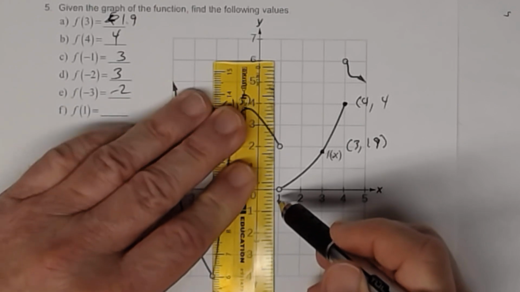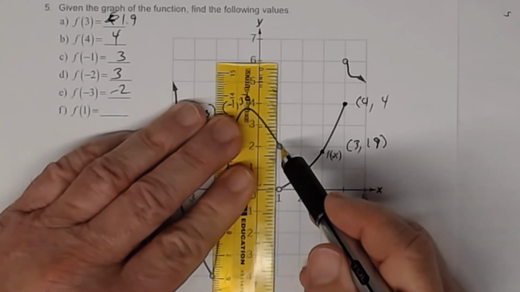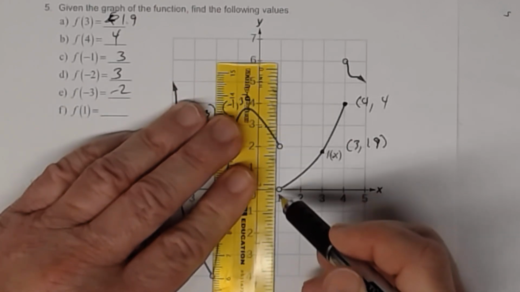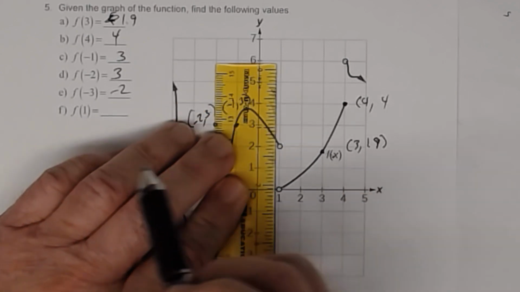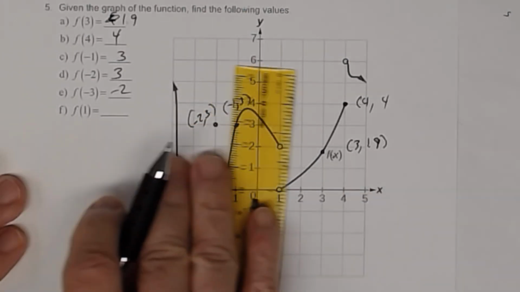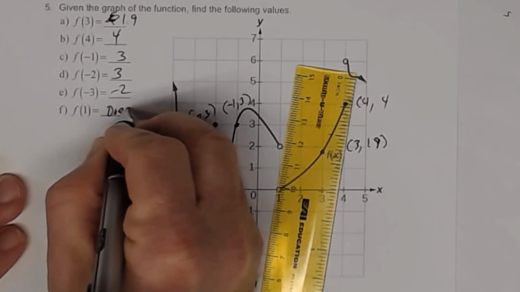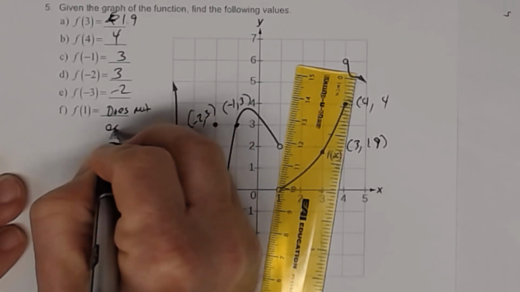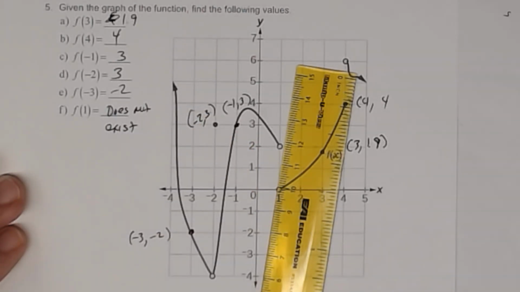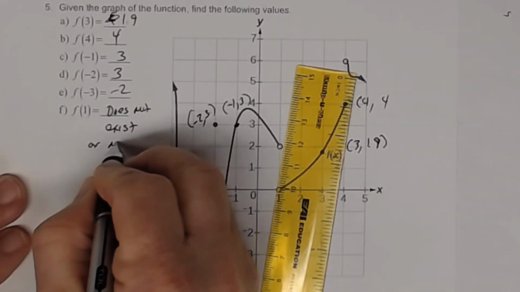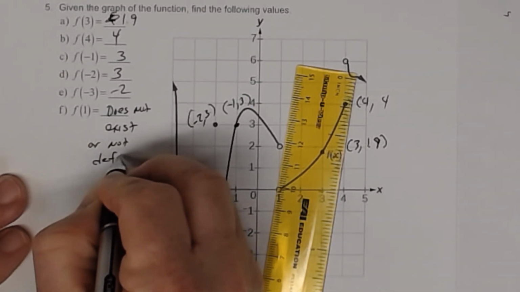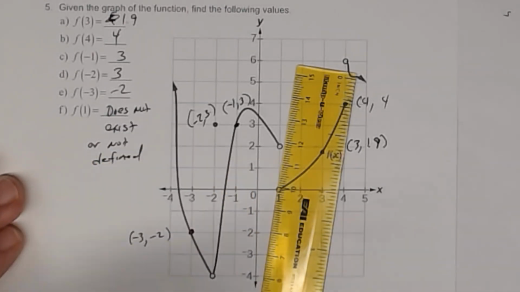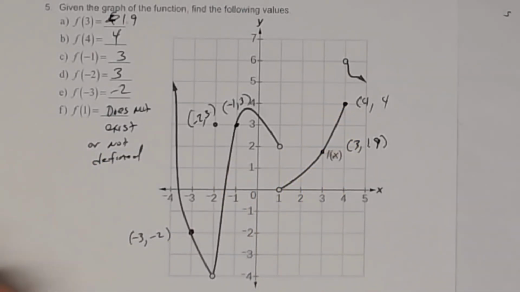So since there's no closed circle, since everything is open right here, remember what we're going to put here. We're going to put does not exist. Okay? So f of 1 is not defined, or you could say not defined. But most of you are going to put does not exist. All right, so that's it.